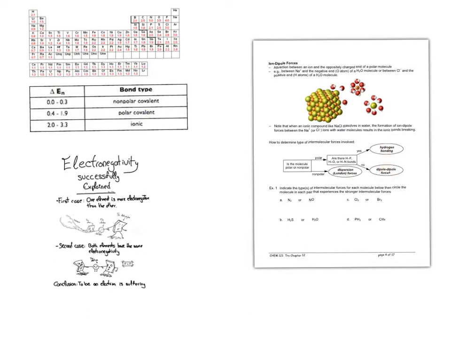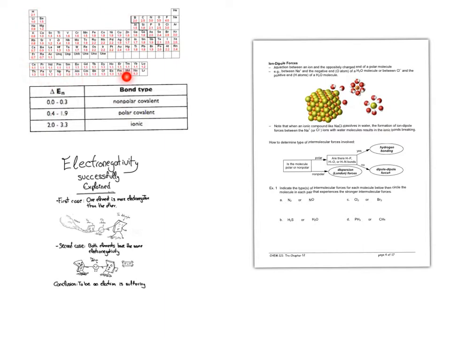How do you tell which one you have? We're only going to deal with one very simple test that you can run on an exam, and I will expect you to be able to do this on an exam. It's not that hard, just adding and subtracting. What we're going to do is compare the two atoms and the differences between their electronegativities.